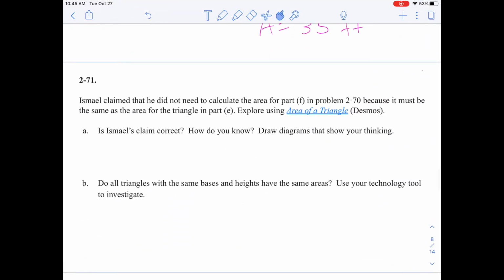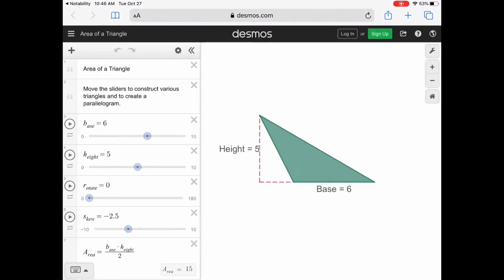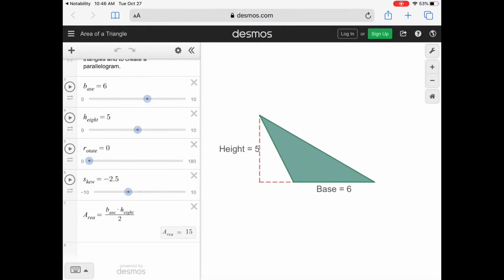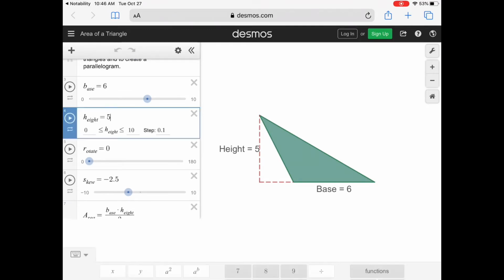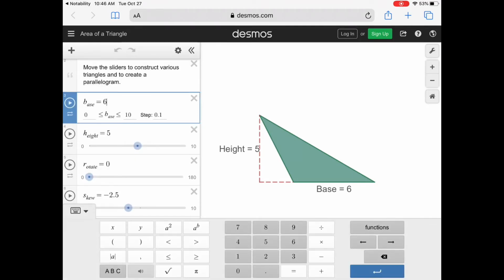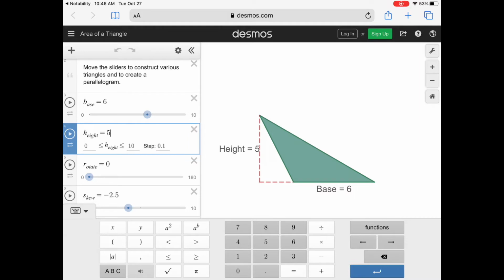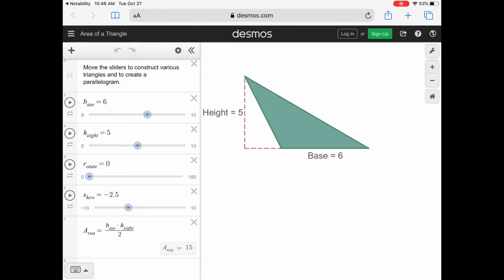If we click on this explore the area of a triangle, notice here on the left, we're keeping track of our height and our base. Our base is 6 and our height is 5.